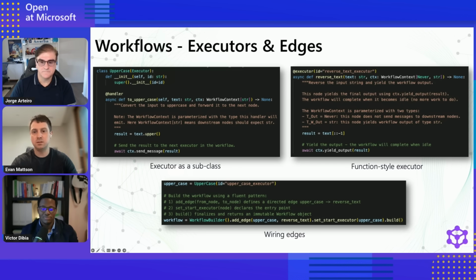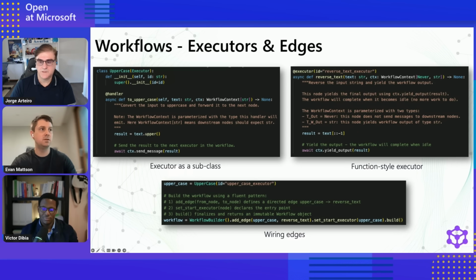You can also just bring a pure function style executor and decorate it with the executor decorator, as you can see here. So you're giving an ID. You're still annotating the function signature the same, text string, and then workflow context. But in this sense, we're actually yielding output.